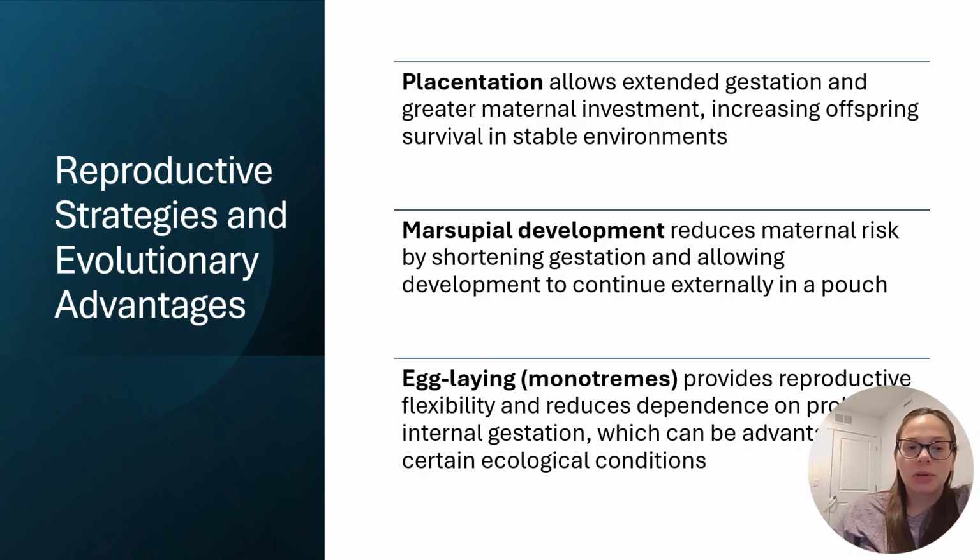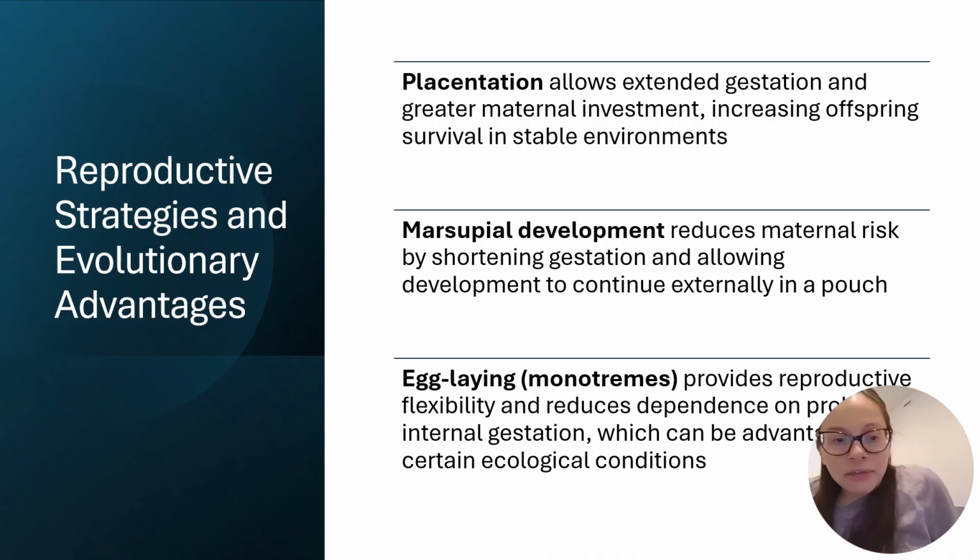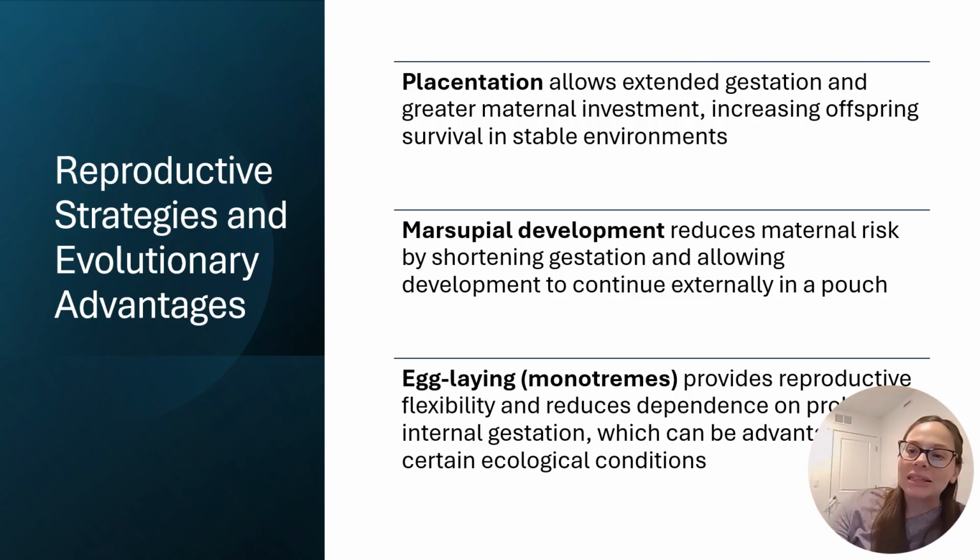So next we will talk about reproductive strategies and evolutionary advantages. So I have three different categories here. Our first one is placentation. Placentation enables longer in utero development, producing more developed offspring that are better suited for competitive or stable environments.